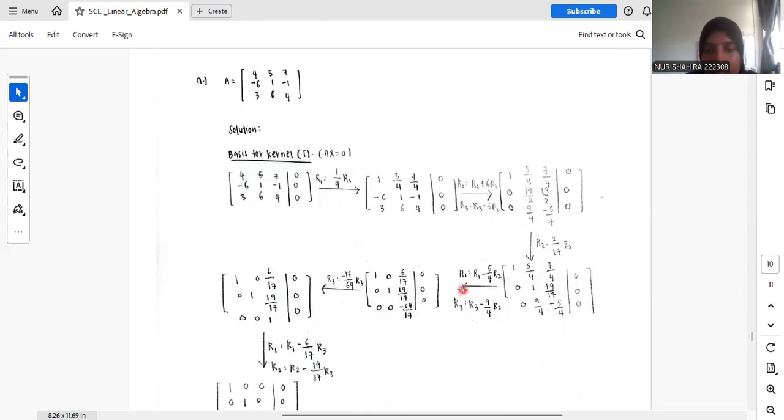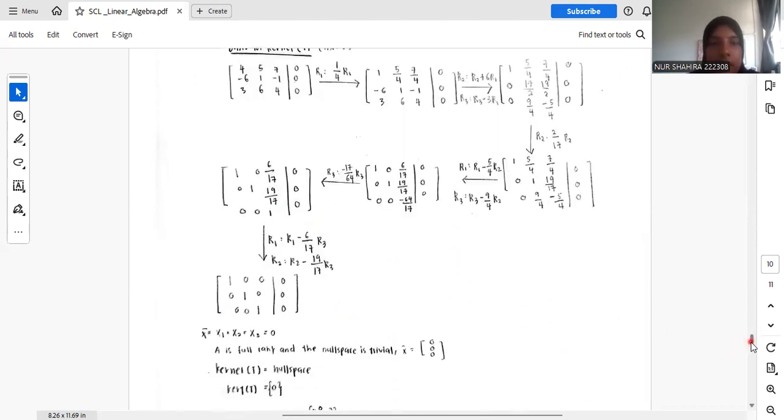After that, we take row 1 minus 5 over 4 row 2, and at the same time for row 3, we take row 3 minus 9 over 4 row 2. And then we multiply negative 17 over 64 for row 3, and finally, row 1 equals row 1 minus 6 over 17 row 3. And then for row 2, we take row 2 minus 19 over 17 row 3, and we obtain a full rank matrix. Now I'll pass it to Shamira.